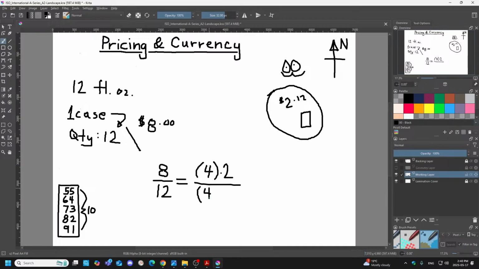So 4 times 3, and we're left with 2/3. So we know that's going to end up being a decimal value, right? I think it's 0.67?